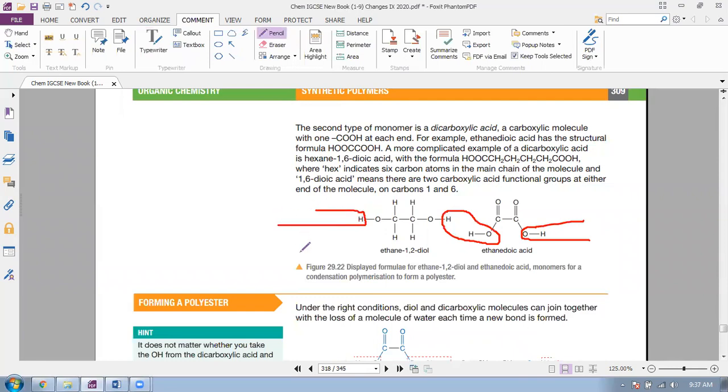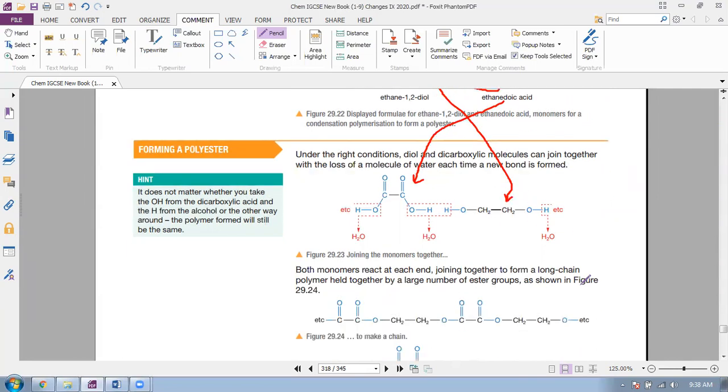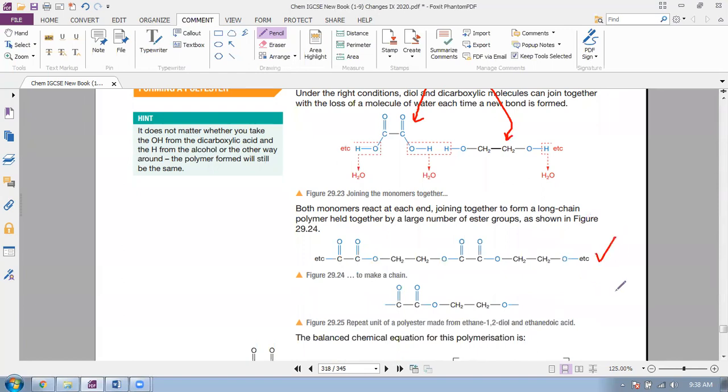They will be removed to form a water molecule, and the remaining part will join together to form the long chain polymer, as you can see here. This ethane dioic acid is here, and the alcohol part is here. And this is the long chain polymer.